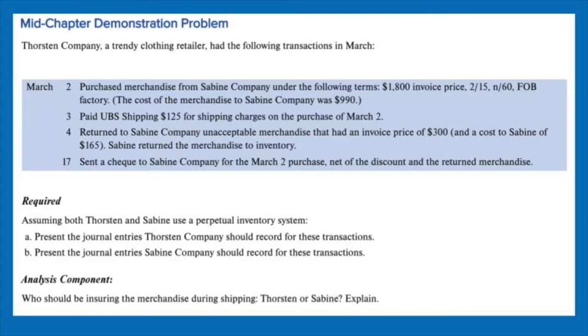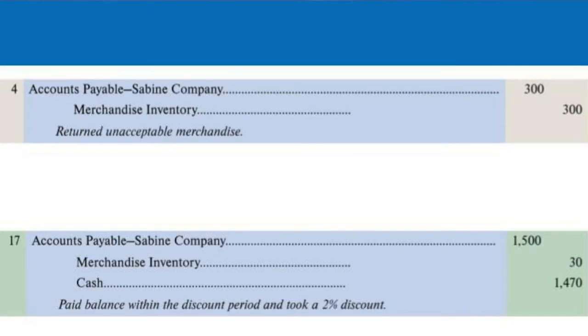Then we returned to Sabine the unacceptable merchandise. In this instance, our accounts payable is debited by $300 because it goes down by $300, and merchandise inventory goes down by $300 as well. So effectively, we've reduced our accounts payable and reduced our inventory.